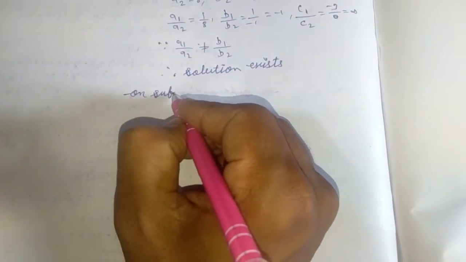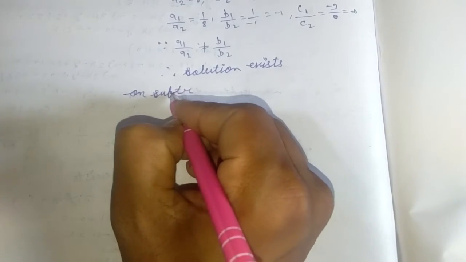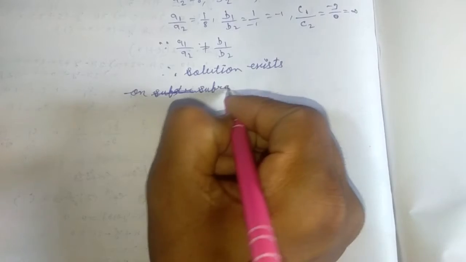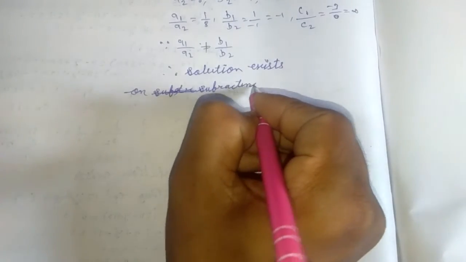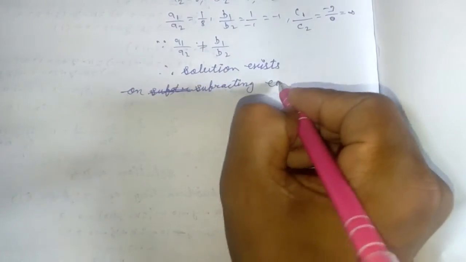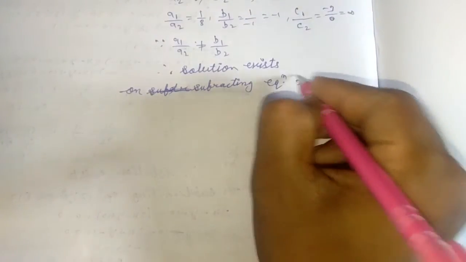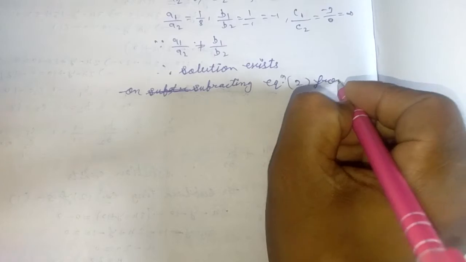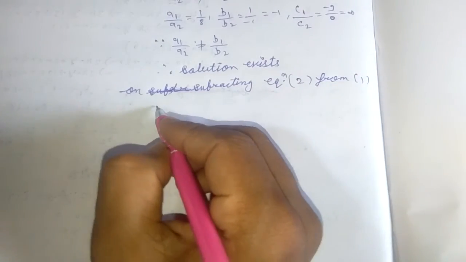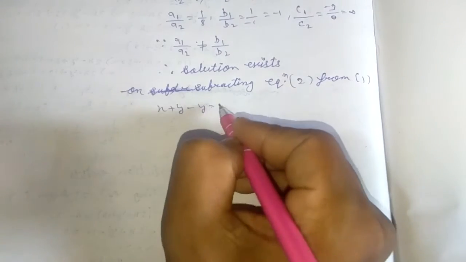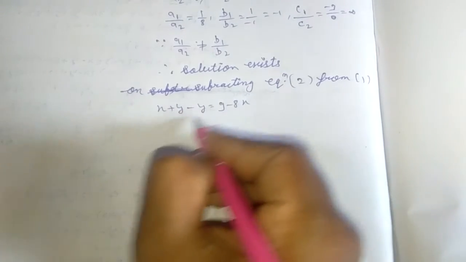So we write here, on subtracting equation number 2 from 1: x plus y minus y is equal to 9 minus 8x.